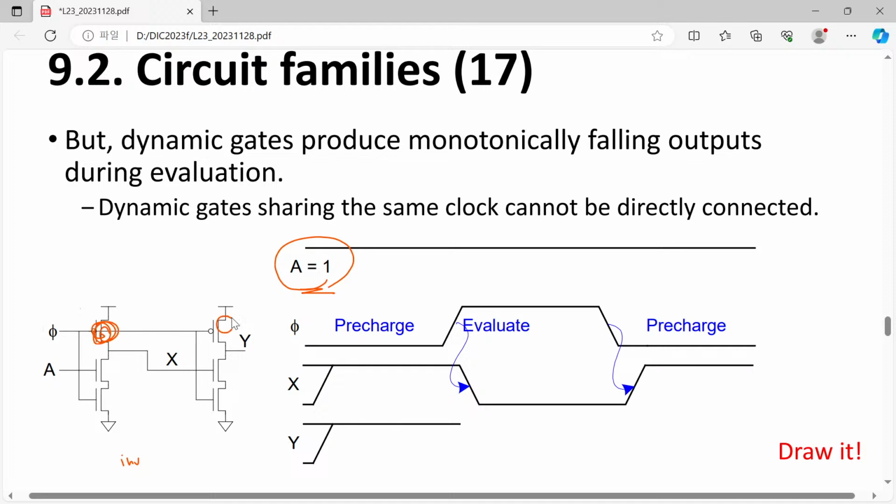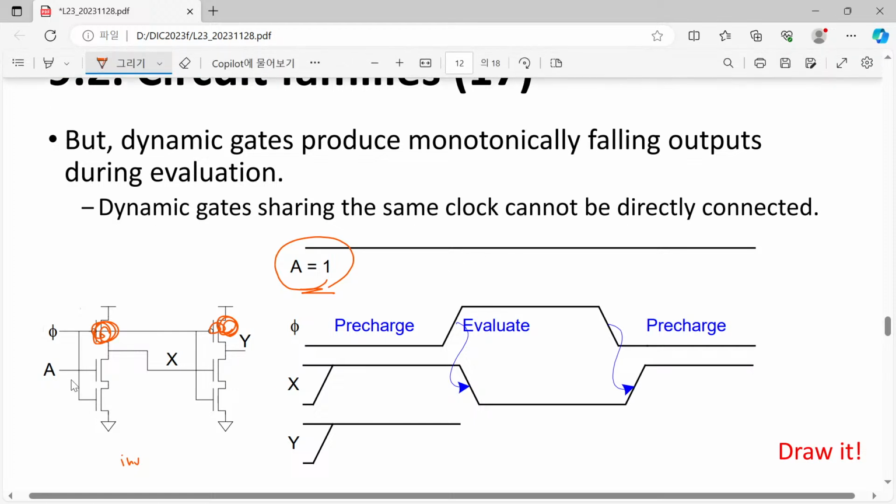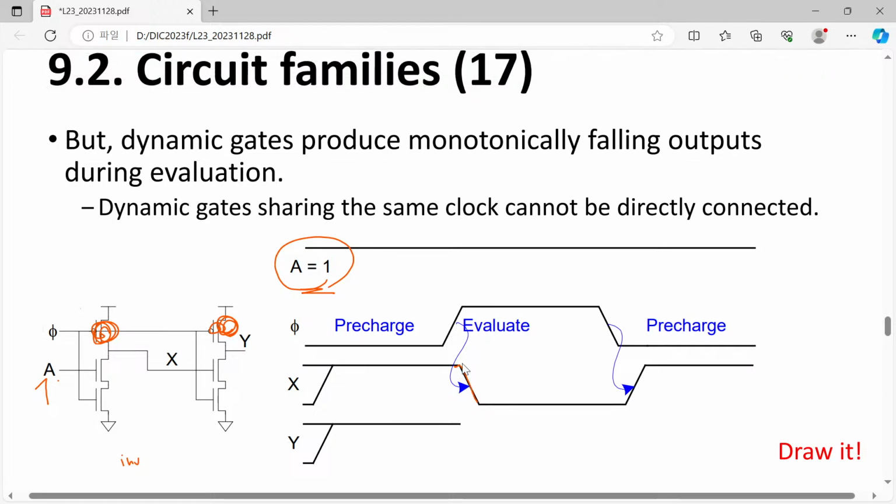Since your A is always 1, now your X is discharged. This is exactly the 1 to 0 transition. So if we have a 1 to 0 transition for our second stage, what will happen?